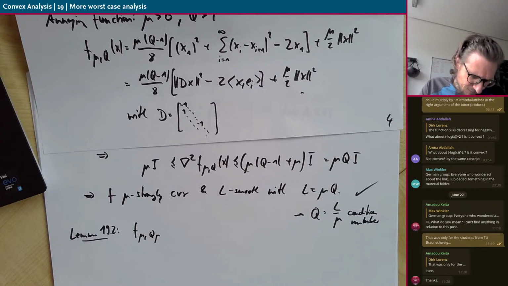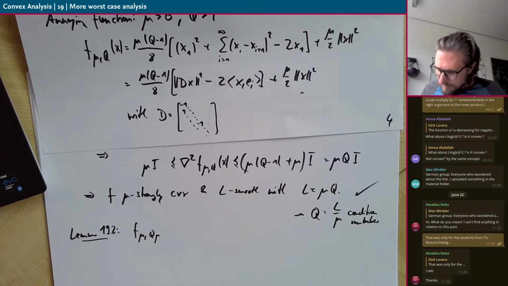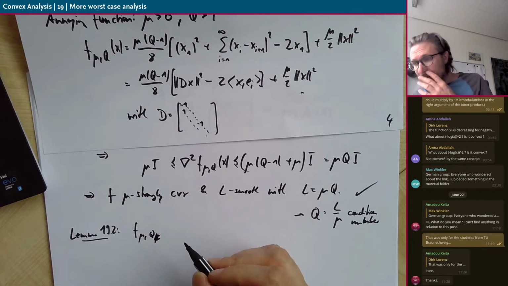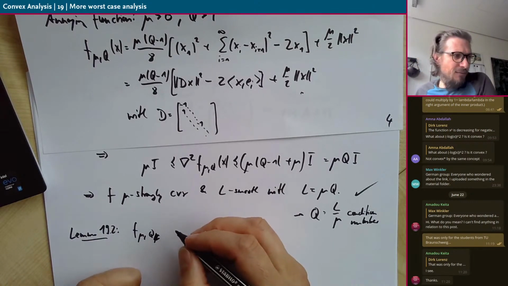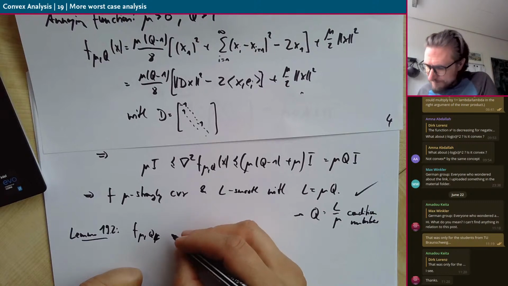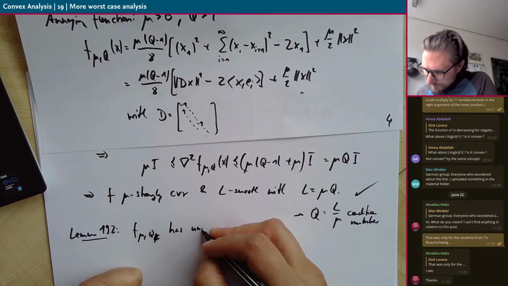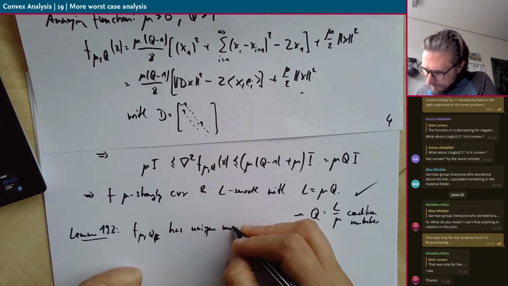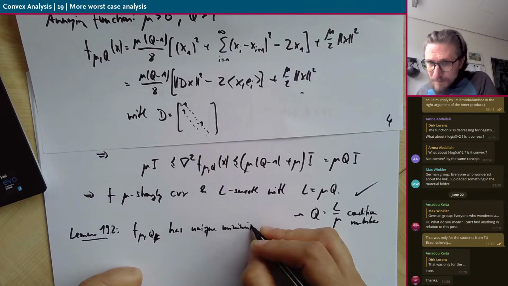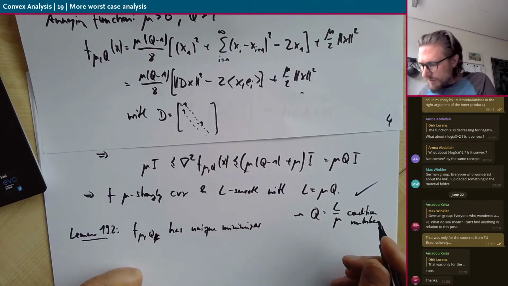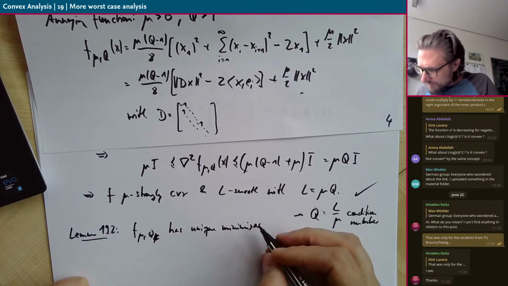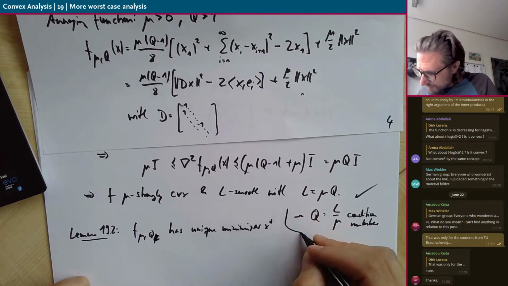There are more typos. So the function f mu q actually has a unique minimizer. We know that already by strong convexity. Let's call it X star.